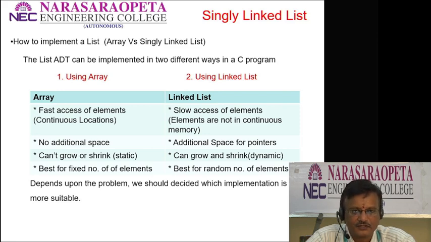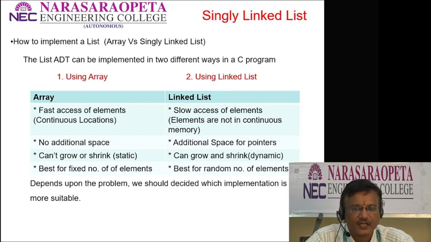If you want to access the values at the fifth node, you need to traverse from the first node to the fifth node. So with the same speed, we cannot access all the nodes. Access is slow when compared with the array implementation.